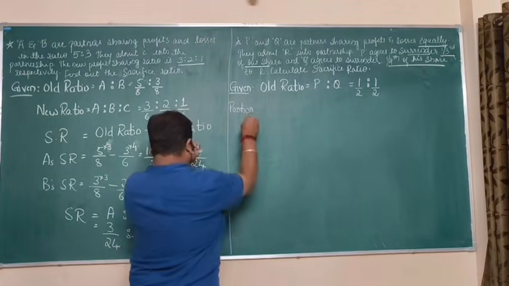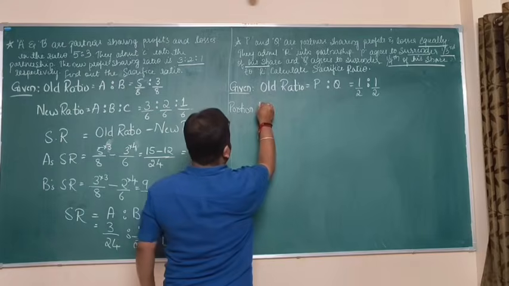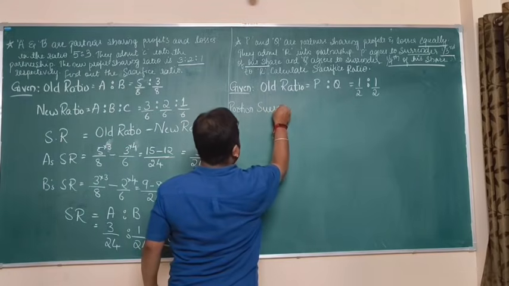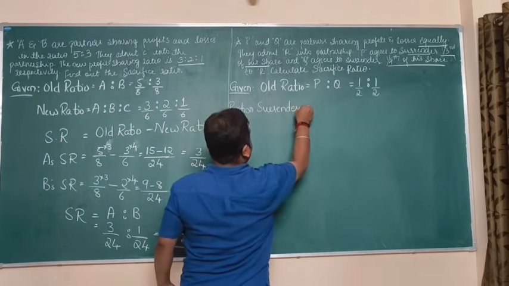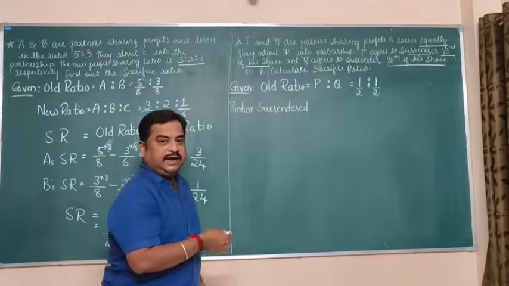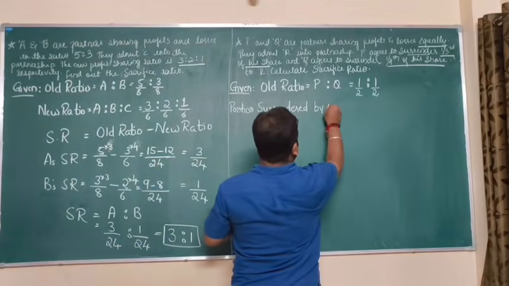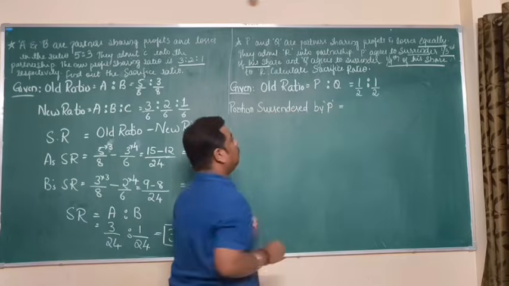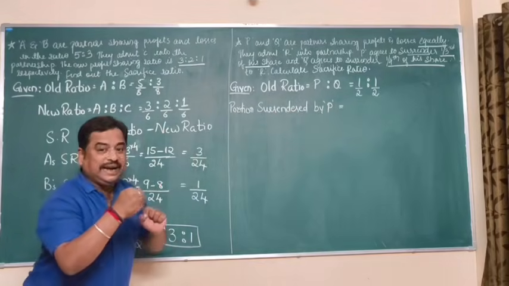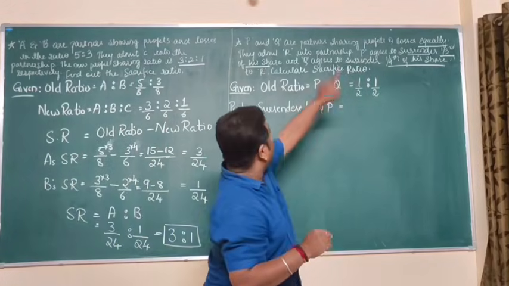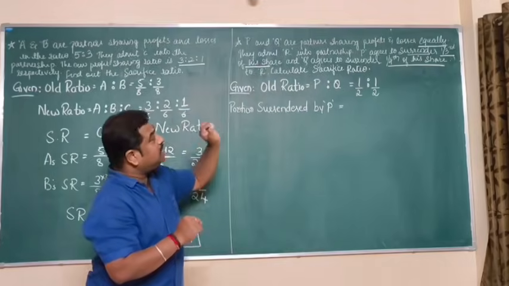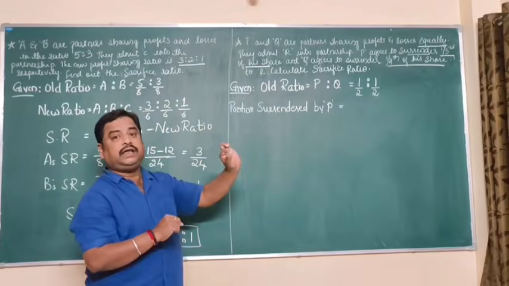What is given? I am just writing what is given now. Portion surrendered. Surrendered, nothing but sacrificed. Portion surrendered by P is equal to how much P is surrendering? 1/3 of his share. Please read the sentence carefully.